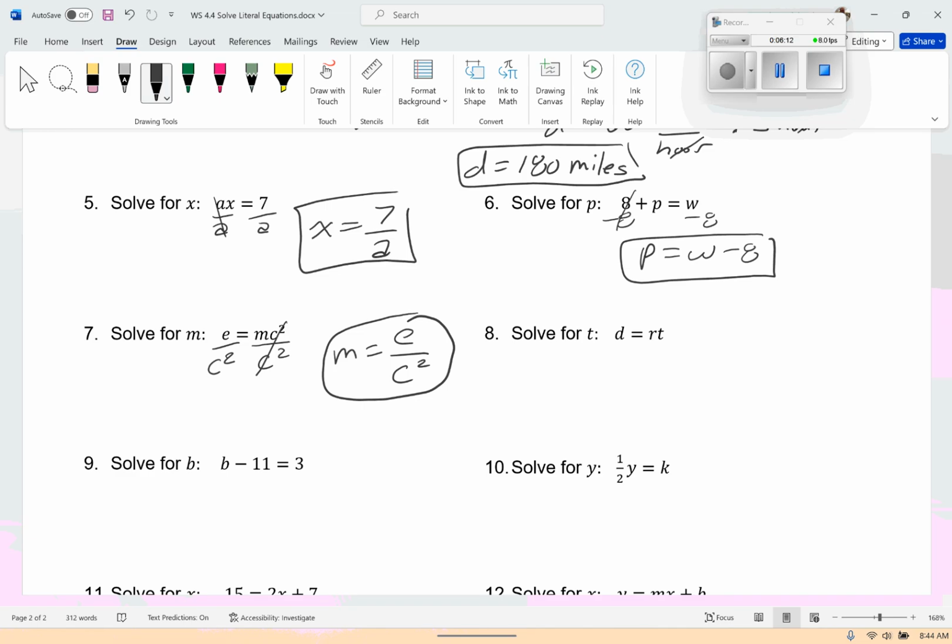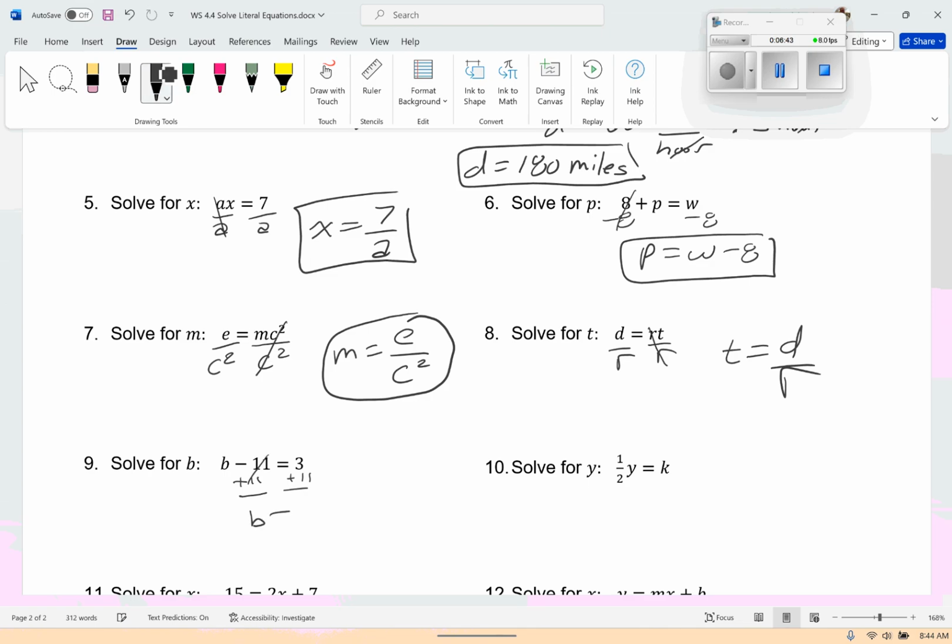Number 8, r and t are being multiplied together. We want to get t by itself, so I'm going to divide both sides by r. Those cancel, so t equals d over r. Number 9, they want us to solve for b, so I'm just going to add 11 to both sides.